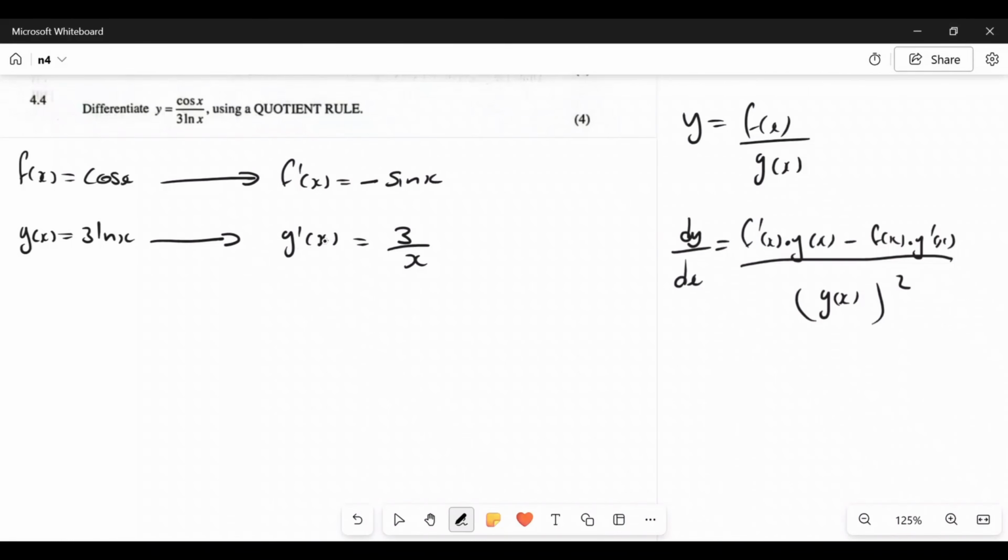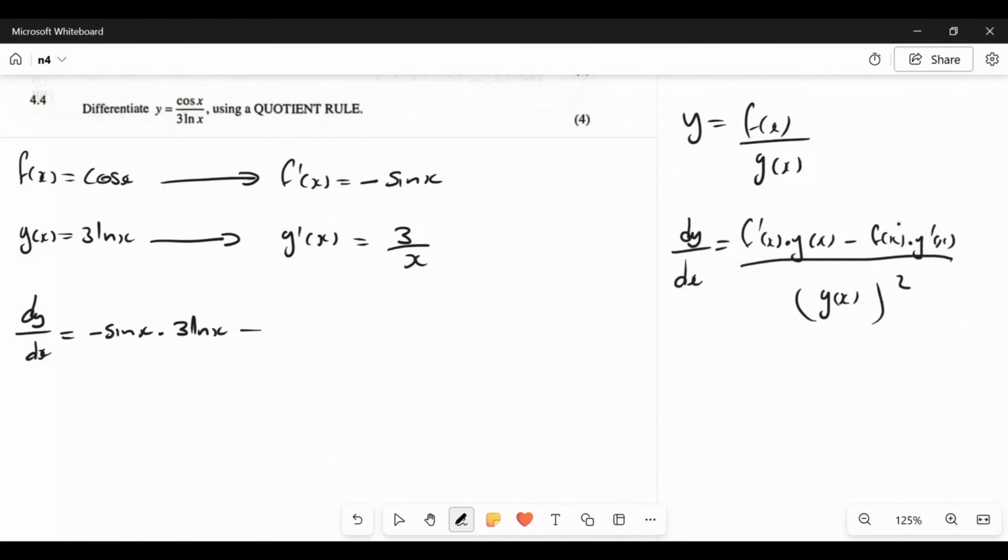Then from there, all we have to do is substitute these into that equation. So let's do it. dy over dx is equal to the first term on the numerator. It says the derivative of f of x, so it's going to be negative sine x multiplied by g of x. g of x was 3 ln x. There we go.